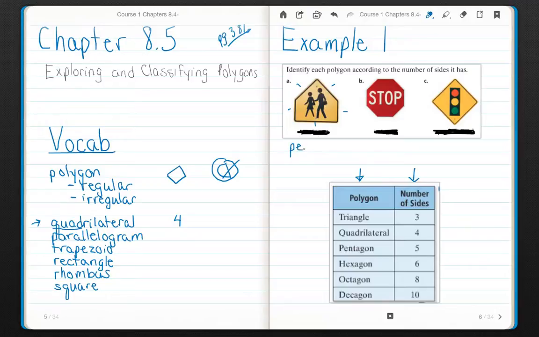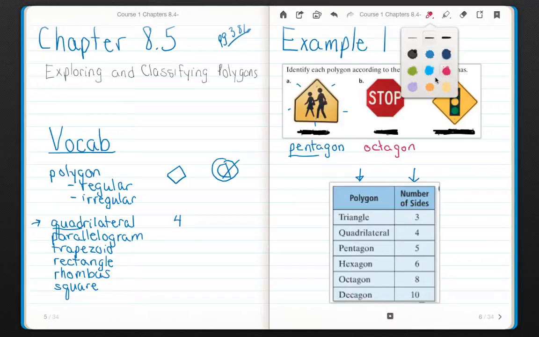Therefore, A is a pentagon. Penta means 5, so a 5-sided shape is a pentagon. A stop sign we should all know has 8 sides, and octa means 8, so it is an octagon.